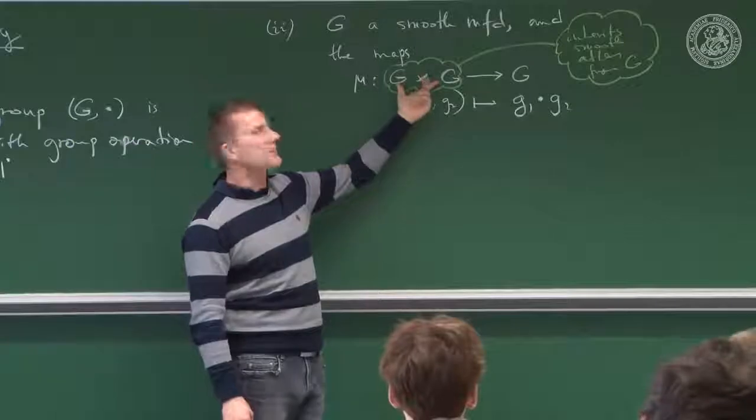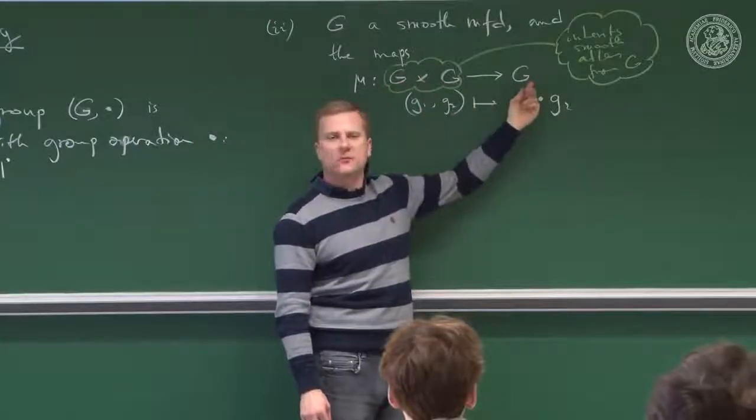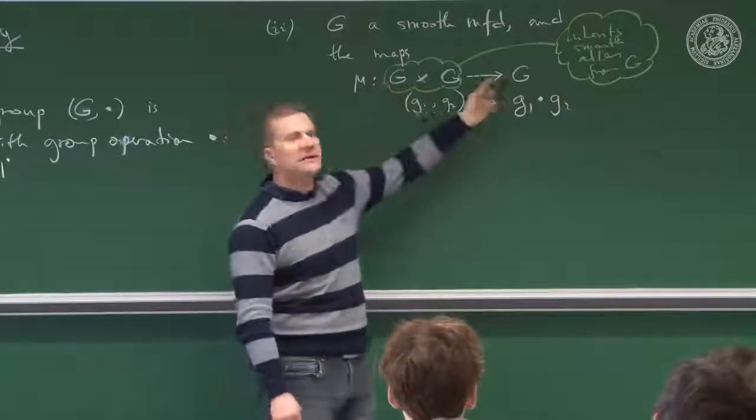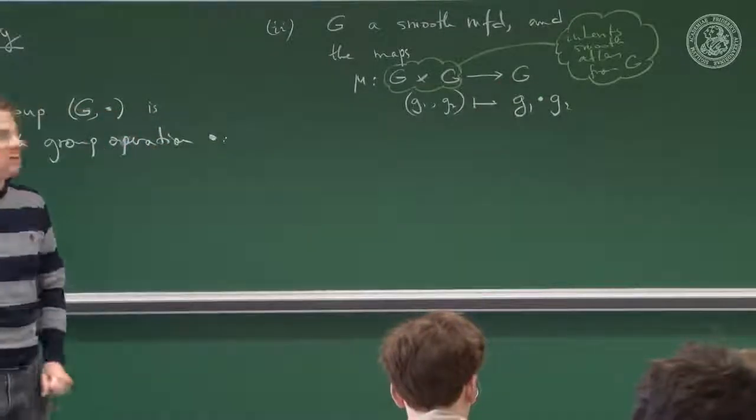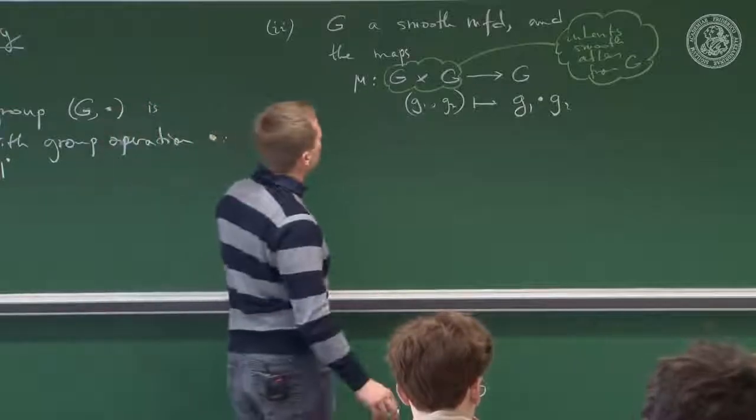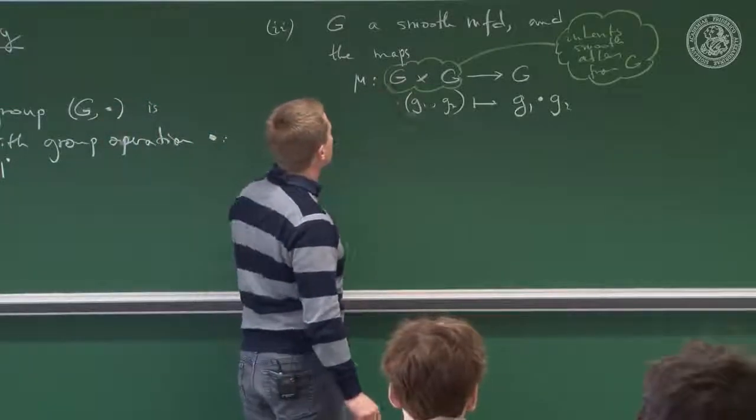Now, if this is a smooth manifold and this is a smooth manifold, we have a map mu between smooth manifolds, and we can stipulate or require this map mu to be smooth.